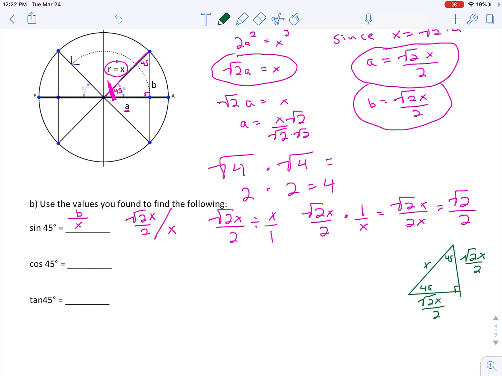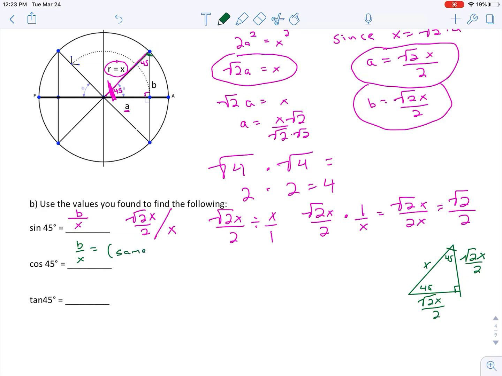And we said that the other one was the square root of 2x over 2 in terms of x now. All right, so what I'm going to do now is find the cosine of 45. Well, the cosine of 45 would again be the adjacent, and if I was looking here or here, that would be b over x again. So it's going to be the same as above.